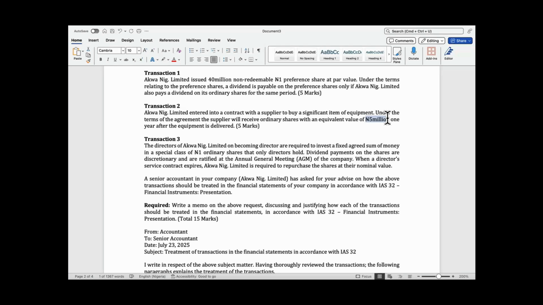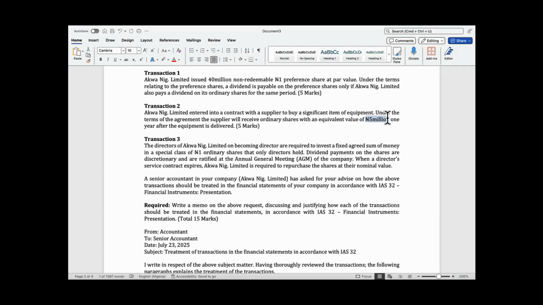The standard says you should treat that as a financial liability because the number of shares is not fixed. They said we will give a number of shares worth 5 million in 1 year's time, which means it is a variable number of shares. Anytime you see that, that is a financial liability.